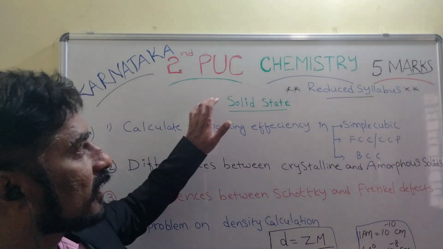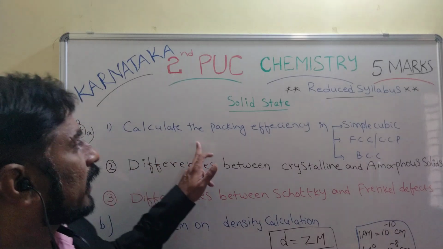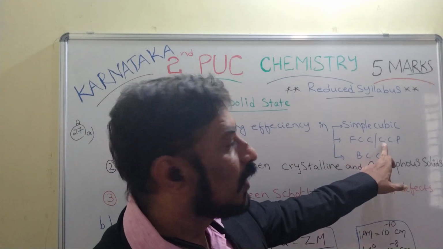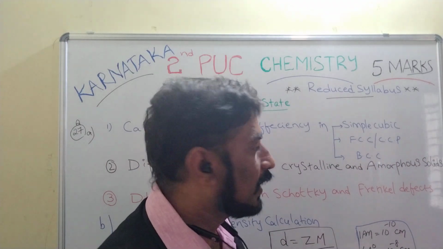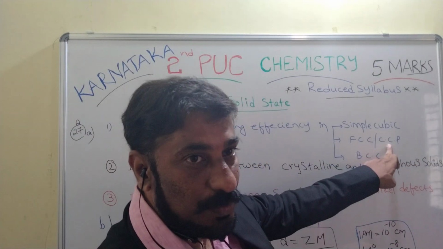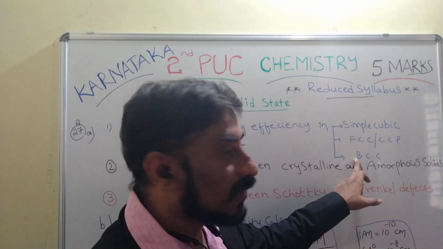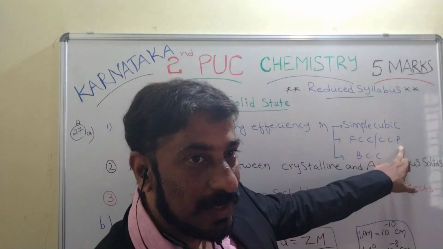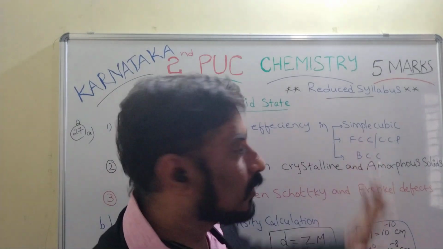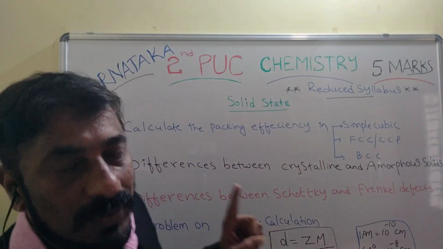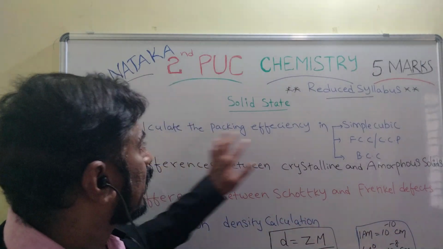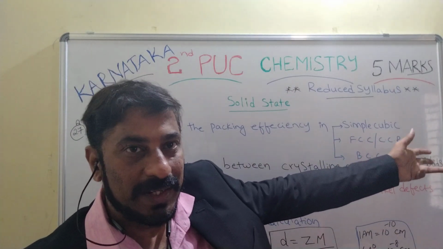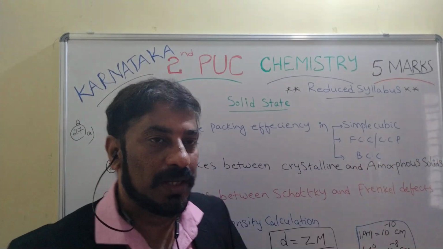In solid state we have the first question: calculate the packing efficiency in simple cubic, face centered cubic (FCC or CCP, cubic closed packing), or BCC, body centered cubic lattice. In these, any one will be given for 3 marks.